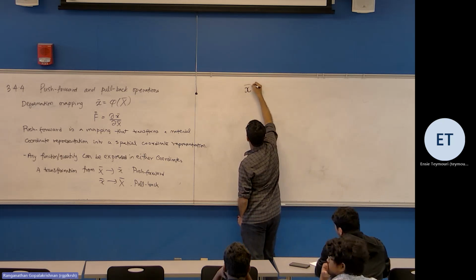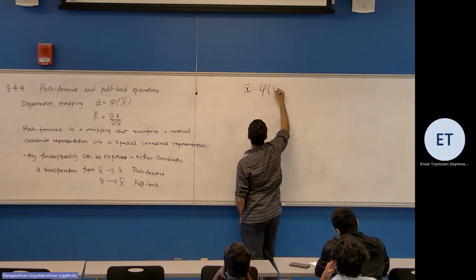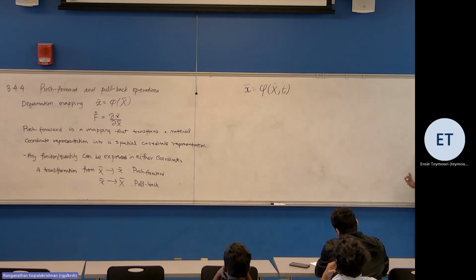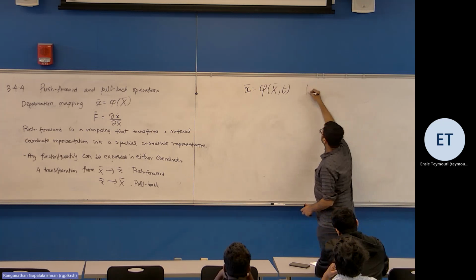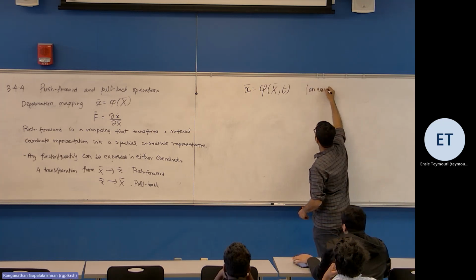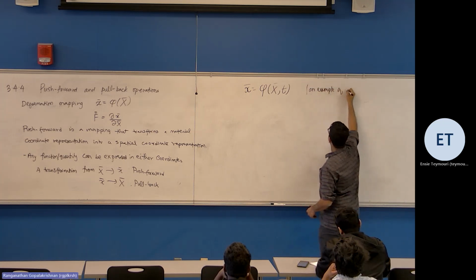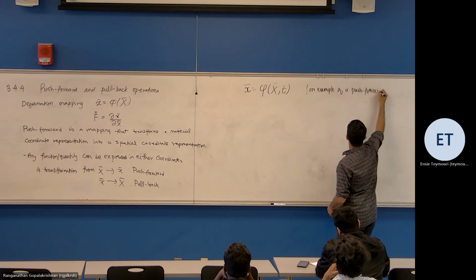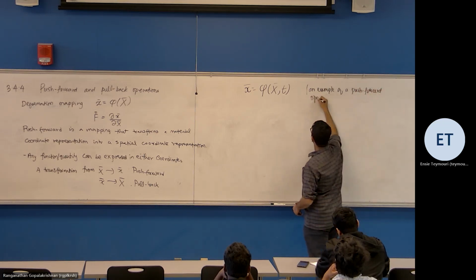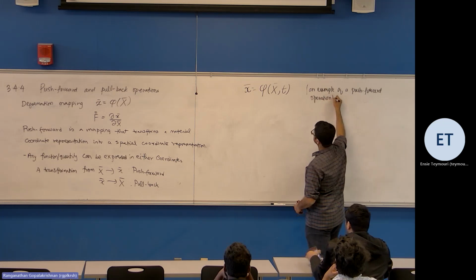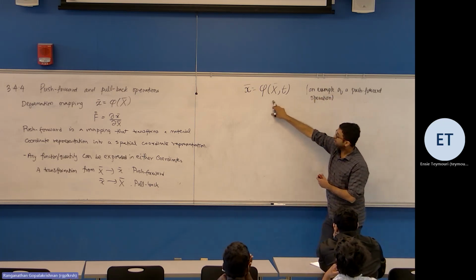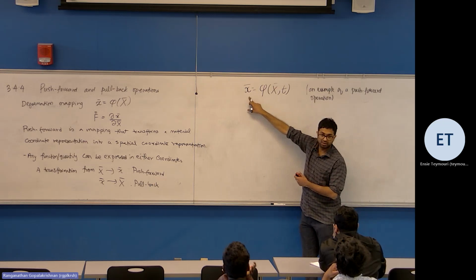Let's say x is phi of X comma time. That is a deformation that also involves time dependence. So this is an example of a push forward operation because it takes the position of the particle in material coordinates and projects it onto the spatial coordinate.